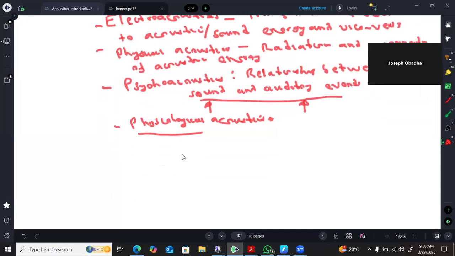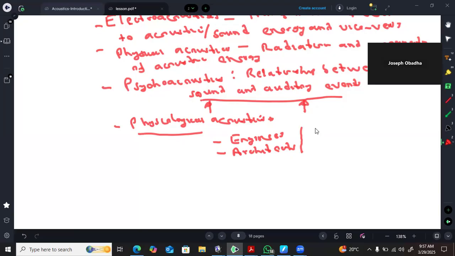So you can see that acoustics is actually a multidisciplinary unit, which would be important for a variety of professions, like definitely the engineers, the architects, because anytime a room is being built, consideration must be made on the acoustics aspect. Like if it is a church, how is sound supposed to be heard?